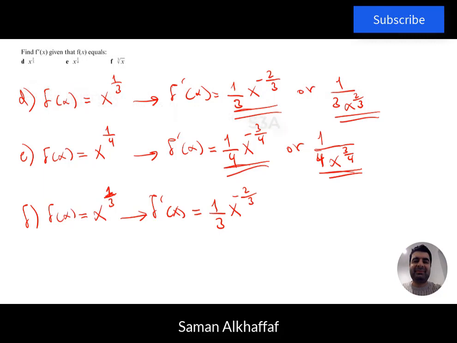So in this scenario, we can either write the answer in this format, or we can write it in the format of 1 over 3 x to the power 2 over 3 in the positive power. So either answer is a correct formulation of the derivative for this expression.